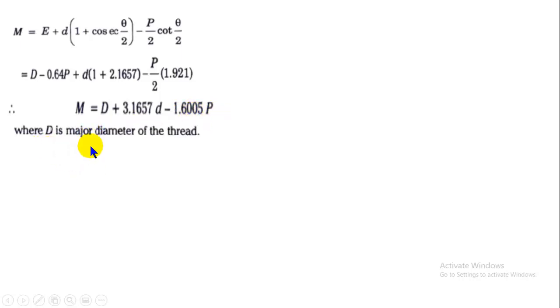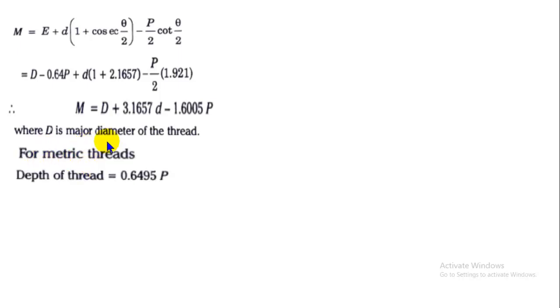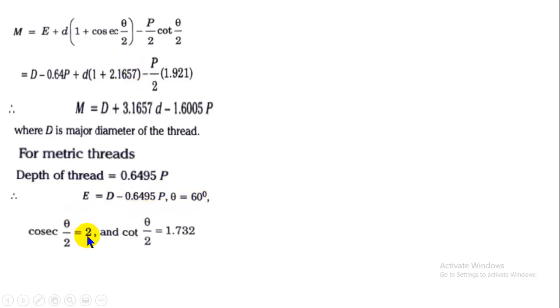And the same way for metric threads. For the metric thread, we know the angle is 60 degrees and the depth of thread is 0.6495 p. E, the effective diameter, will become d minus 0.6495 p. If we put the theta value here, cosecant theta by 2 will become 2 and cot theta by 2 will become 1.732.